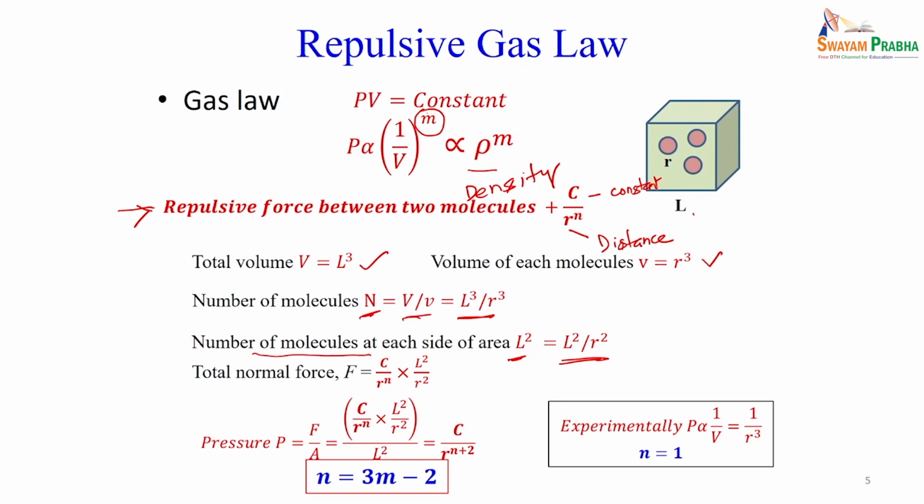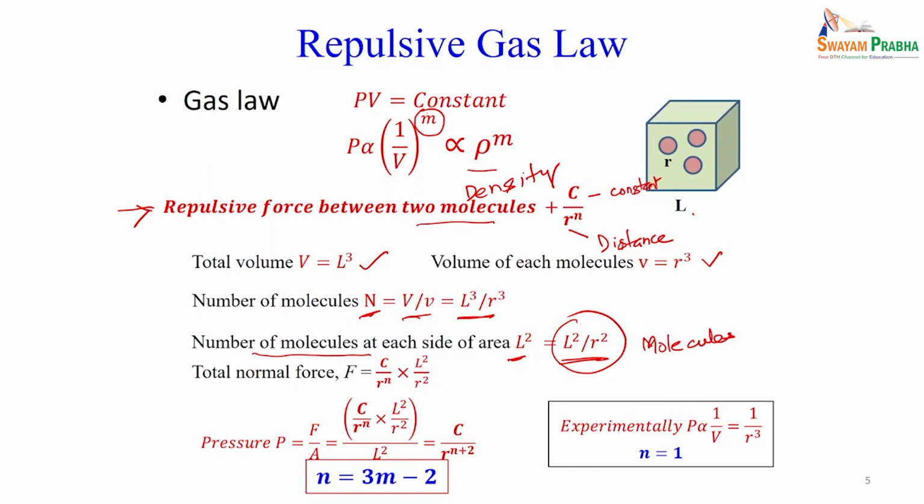So the repulsive force between two molecules is defined as C upon R to the power n. If you are having this number of molecules, the total force will be this multiplied by this. So it will be C upon R to the power n into L square upon R square.